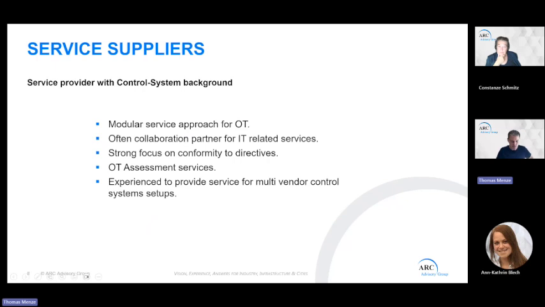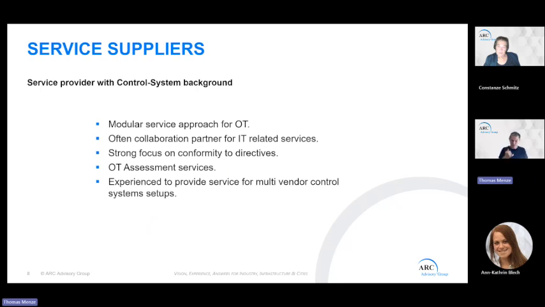The second category are the control system suppliers. So these system suppliers' background is the control system itself. These are the global giants for automation, and they offer modular OT services as well. Normally their focus is on the OT bit, because that is definitely their core competence.